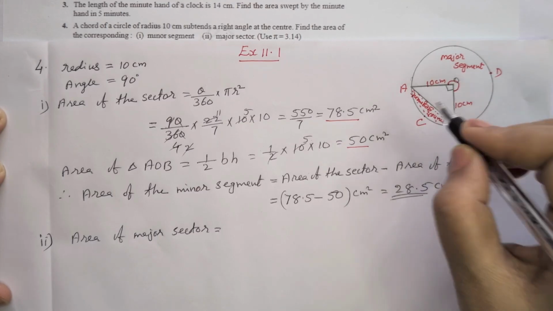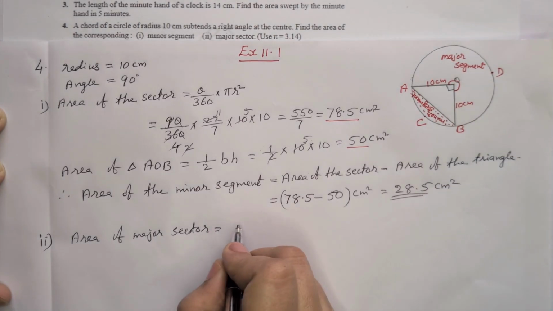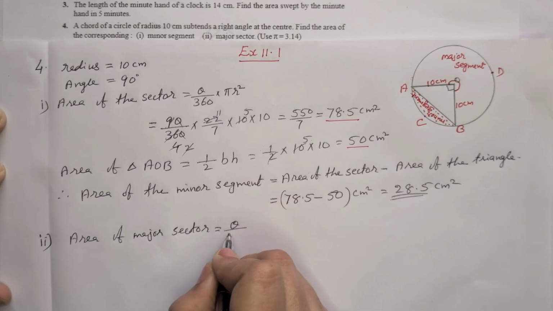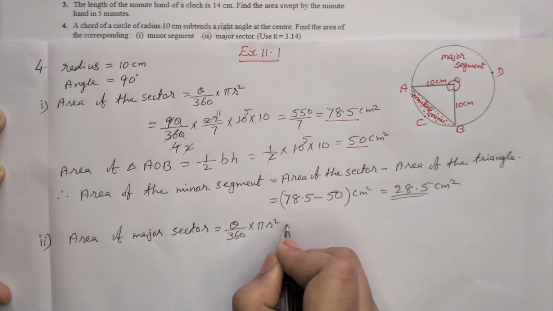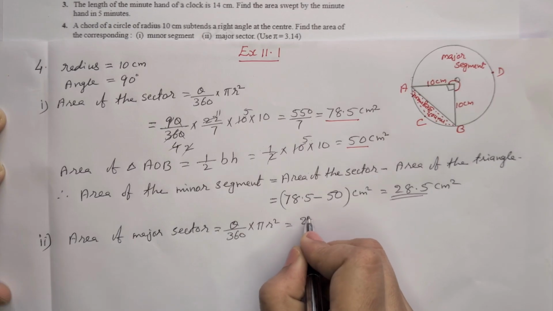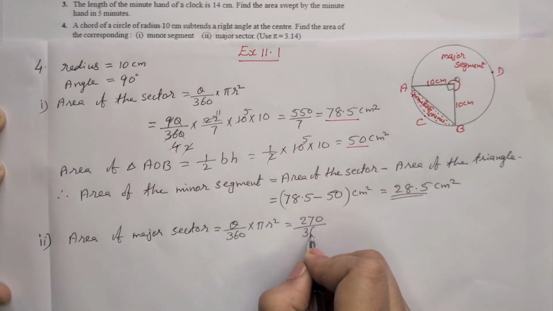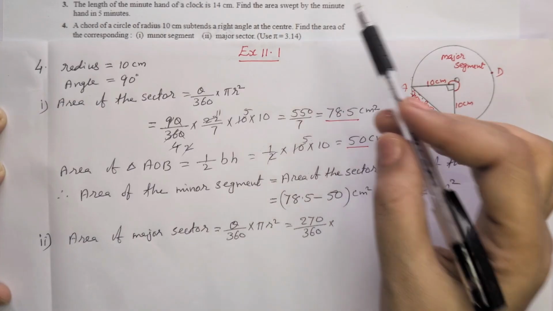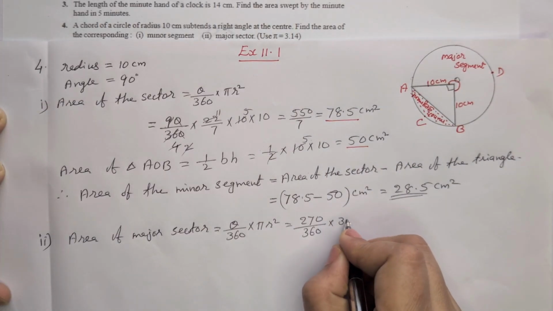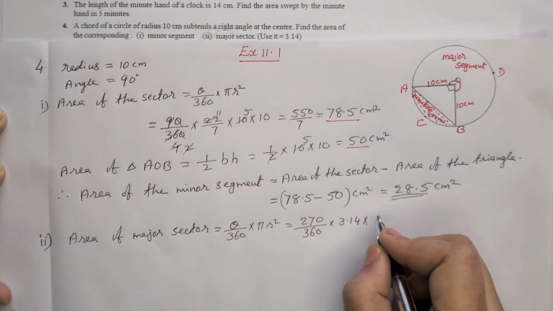So we can use the same formula: theta by 360 into pi r square. So theta is here 270 by 360 into pi, here it's given to take 3.14, into radius 10.